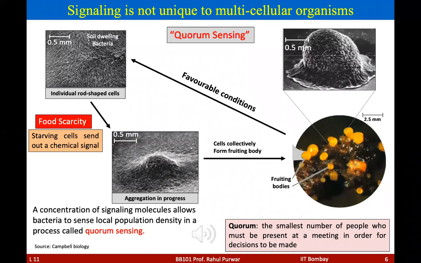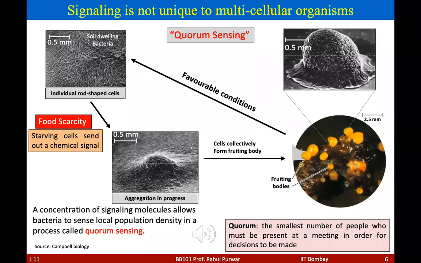These are soil-dwelling bacteria, and when there's a scarcity of food, these cells send out a chemical signal, and then an aggregation of these bacteria happens. So by sensing their food scarcity, each bacterium sends signals to the others, and this leads to the aggregation.